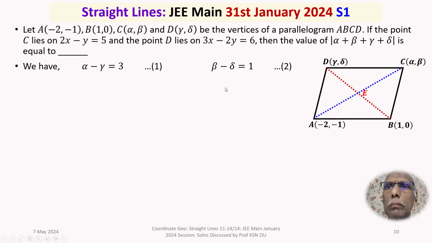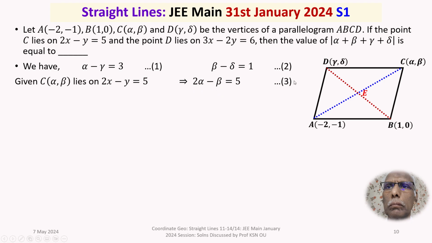So, these are the two relations that we have. Now, we use this fact. Given C is alpha comma beta, lies on this line 2x minus y is equal to 5. Agreed. So, alpha comma beta satisfies this equation. Substitute. You will get 2 alpha minus beta is equal to 5.